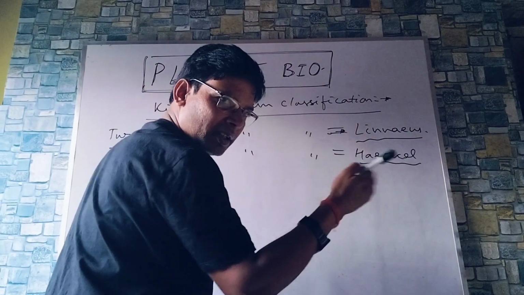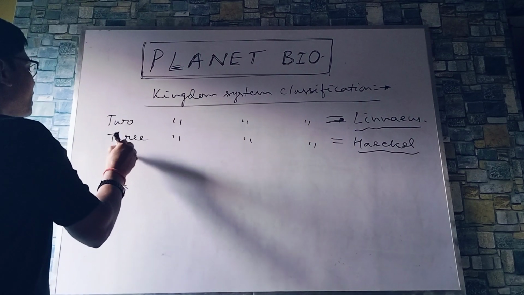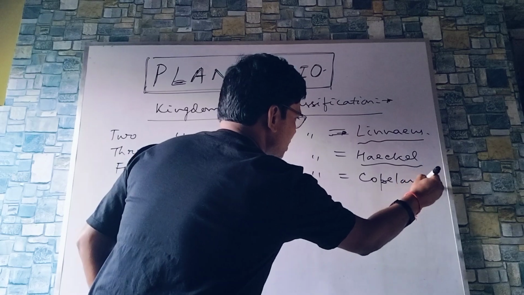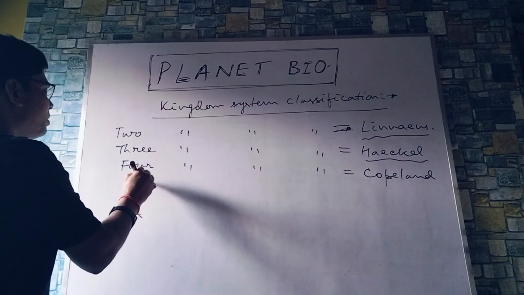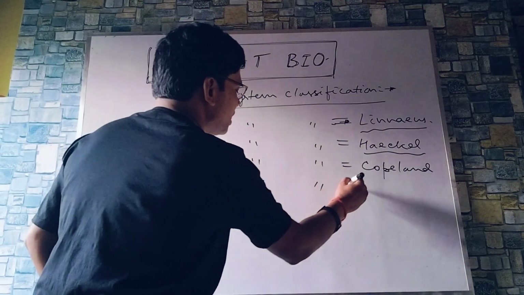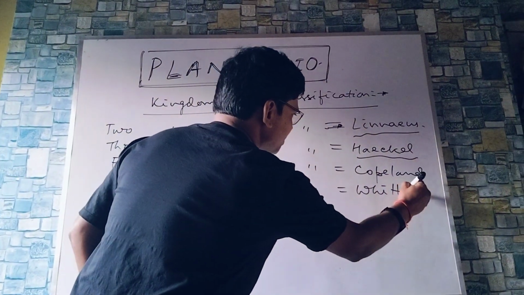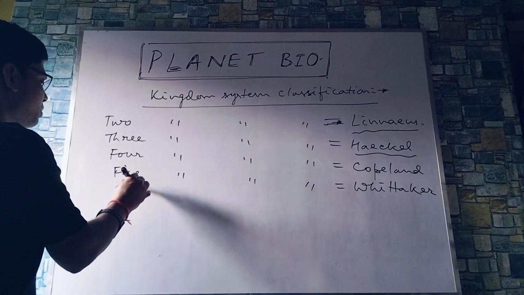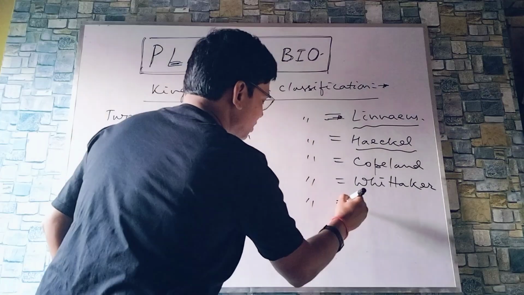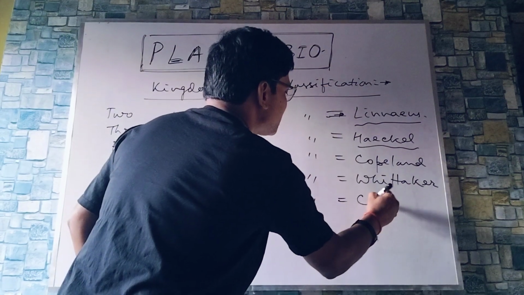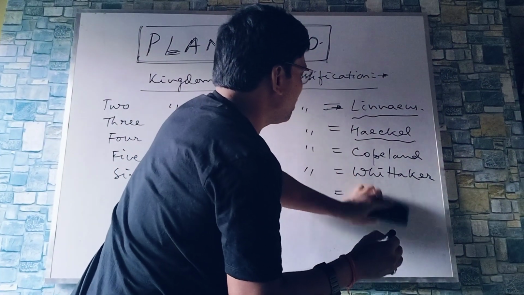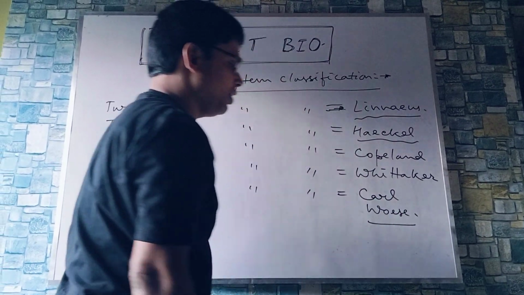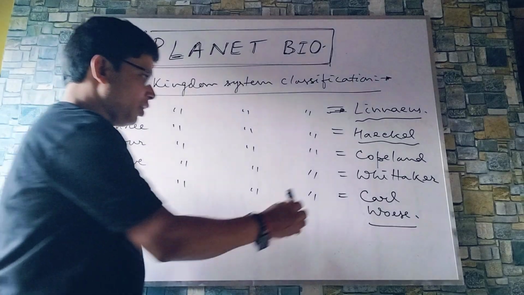We have to write the titles only. The four kingdom system classification was given by Copeland, and the five kingdom system classification came into existence, given by Whittaker. And nowadays the six kingdom system classification has been introduced, given by Carl Woese and his co-workers. So this is going to be the most recent one.